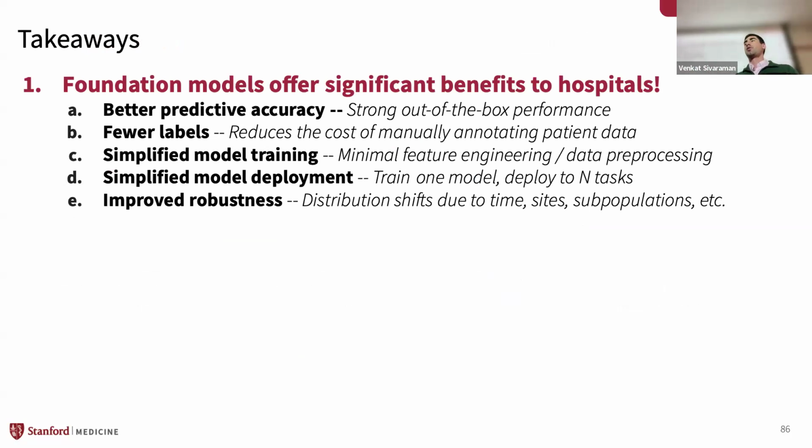If I'm a hospital, I don't want to have 1,000 different machine learning models that could have their own biases, that could be giving mispredictions, that could be influencing care in ways that I can't control. That's bad. Instead, train one model, centralize it, control that model, reduce the burden on people to train their own machine learning models for their own specific clinical tasks, and then just give people access to that single model.